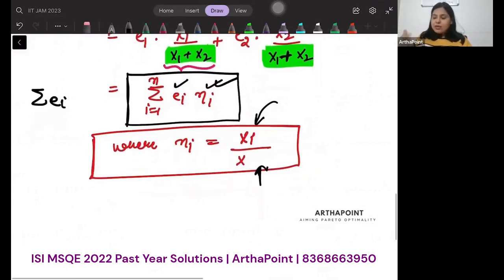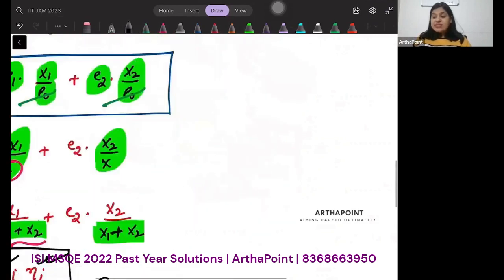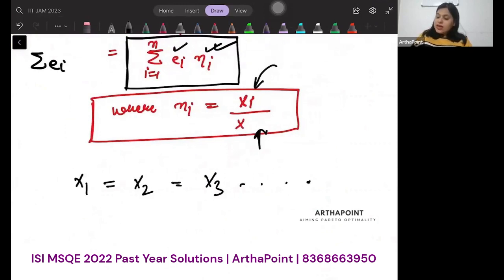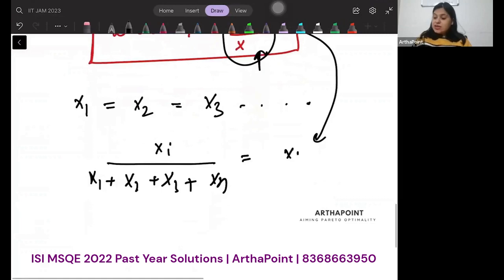Had people had the same demand, I could have generalized. Had the question said that x1 is equal to x2 is equal to x3 and so on, then I could have rewritten this part, X by xi, as x1 plus x2 plus x3 till xn. But all these demands would be equal, so I could have simply written n xi.